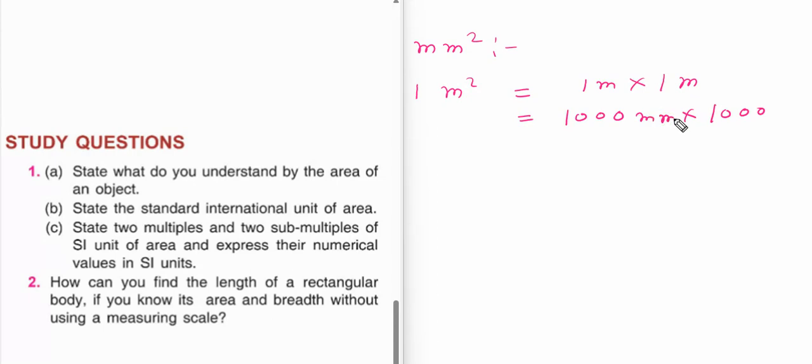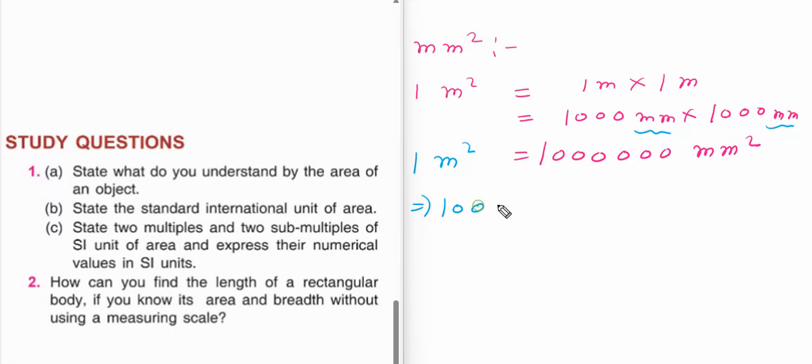Now 1000 into 1000 is 1,000,000 millimeter square. Actually, there are 2 millimeter factors, this one and this one, so it became the square. It means 1,000,000 millimeter square equals 1 meter square.